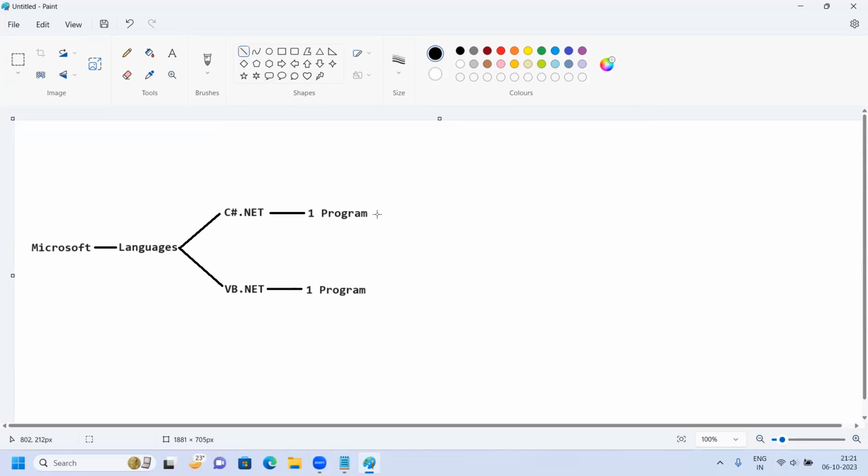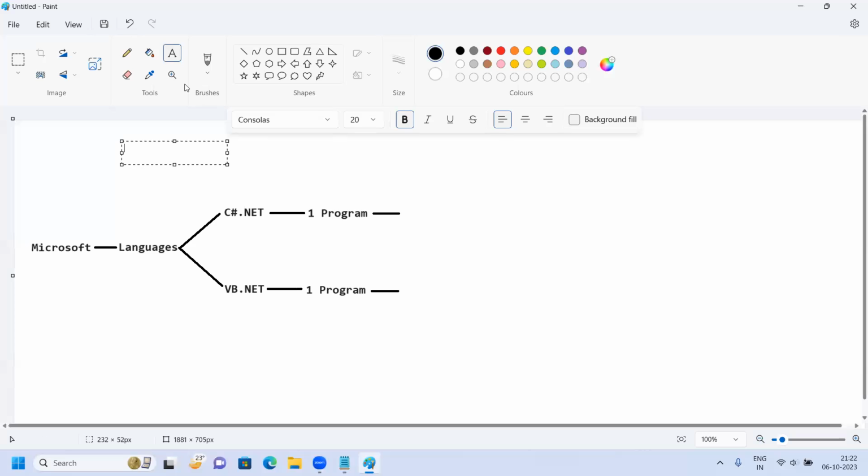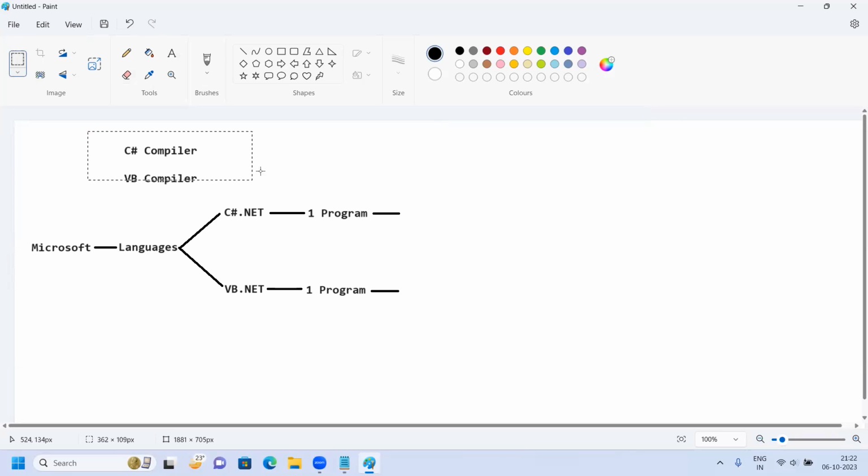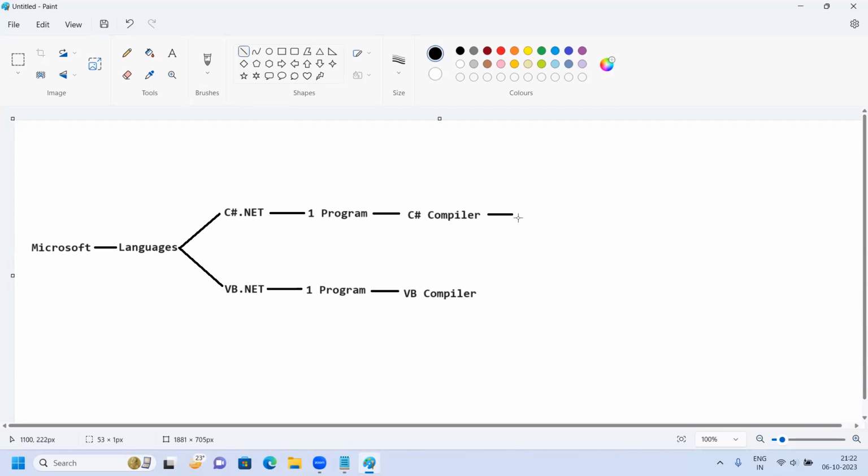Then what? Hand over this program to the compiler. The same thing to the compiler. Obviously, two different languages have their respective compilers: the C# compiler here, the VB compiler here. Instead of C# or VB, better I would have said language compiler, which means the same. And what a compiler does, you already know.